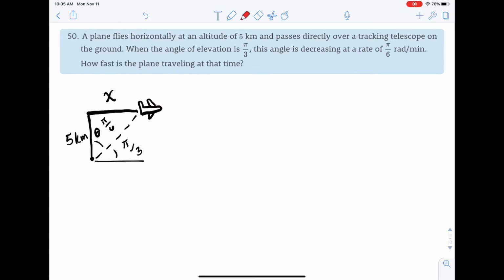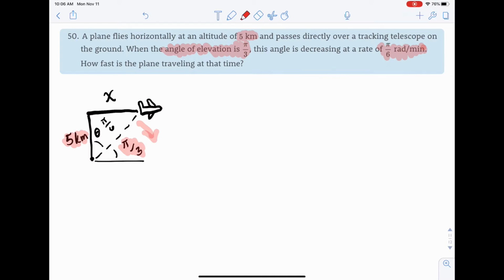All right, so let's figure out what else it includes in the question. So we'll go through and highlight. So it has the altitude of 5 kilometers, which we have in our picture. It has an angle of elevation of pi over 3, which we also have in our picture. And then it also says that the angle is decreasing at a rate of pi over 6 radians per minute. So that means as our angle of elevation decreases, our angle theta will be increasing.